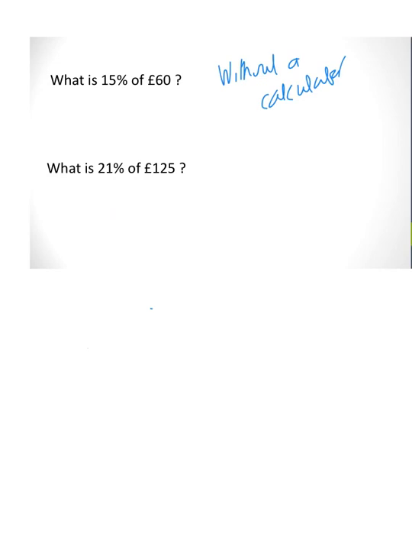In the second example, we've been asked to work out 21% of £125. So to work out 10%, I would divide £125 by 10, which would give me £12.50.